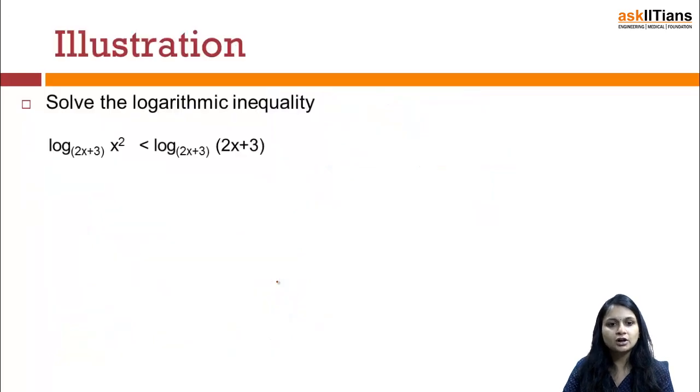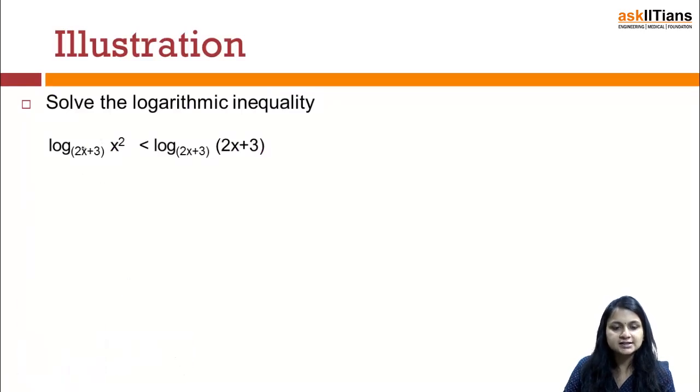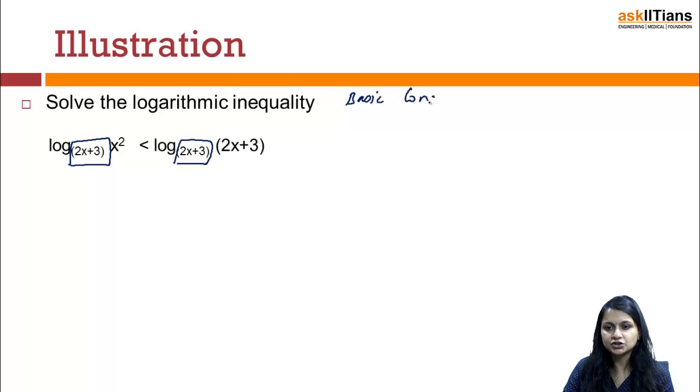Okay, so let's solve one more problem in which we again have a base which is not a simple base, so we have to take the cases. You can see that here we have 2x plus 3. Before I solve this inequality, I will take some basic conditions. I'll talk about the number.